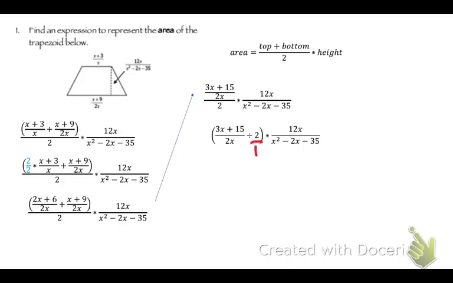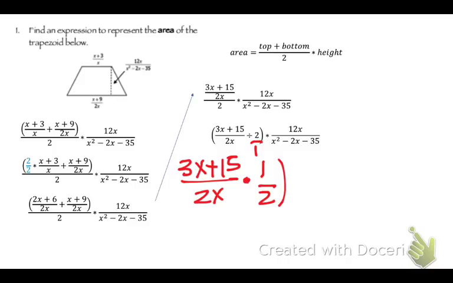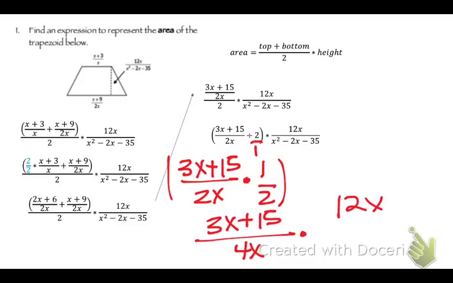That's 2 over 1. So that's going to be 3x plus 15 over 2x times 1 over 2, which ends up being 3x plus 15 over 2x times 2 is 4x. This is going to be times 12x.